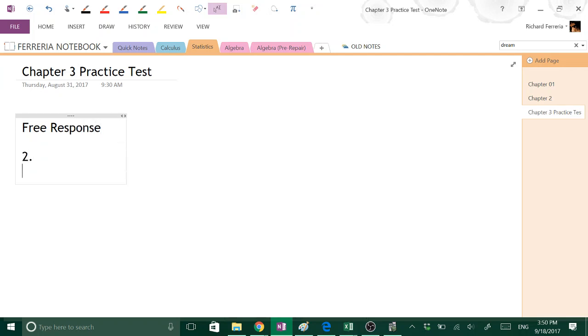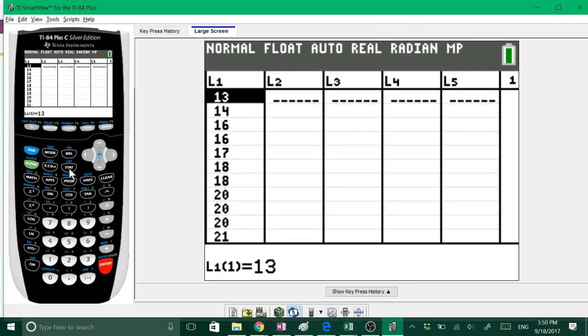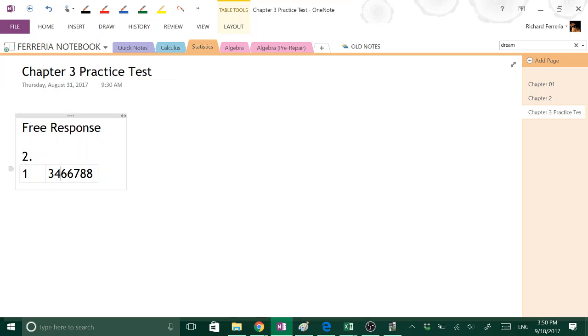For question 2, 13, 14, 16, 16, 17, 18. There are 2 18s. Okay. And that takes care of the 1 stem.